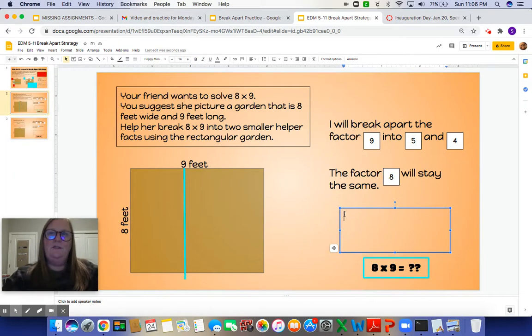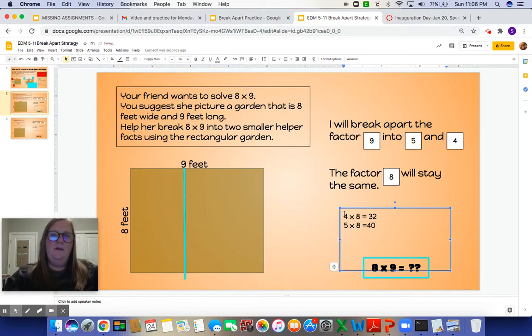I'm going to start on the left over there. The little piece is 4. So 4 times 8 equals 32. And then I'm going to do my second problem, which would be 5 times 8 equals 40.